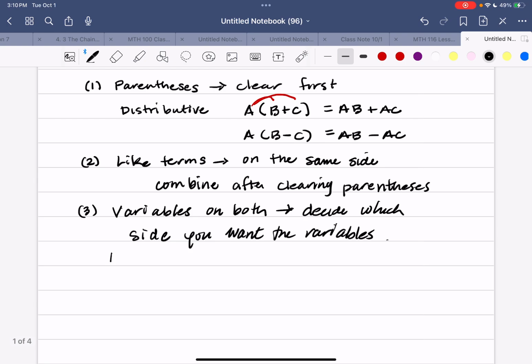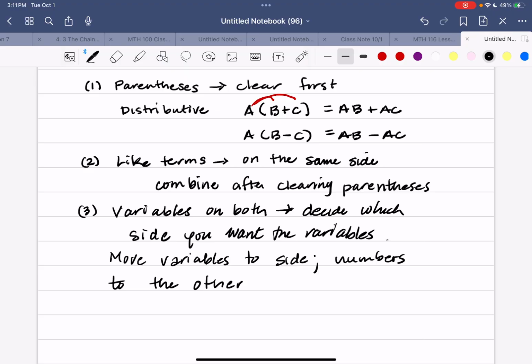It doesn't matter which side. Whichever one you don't choose for the variables, you put the numbers on. Okay, so let's work a few examples.